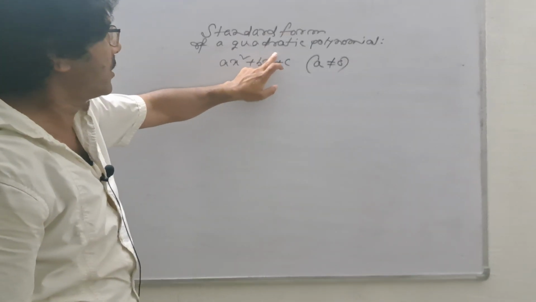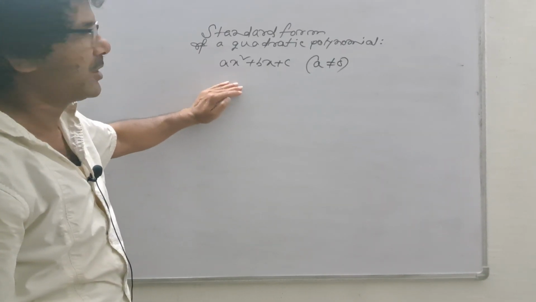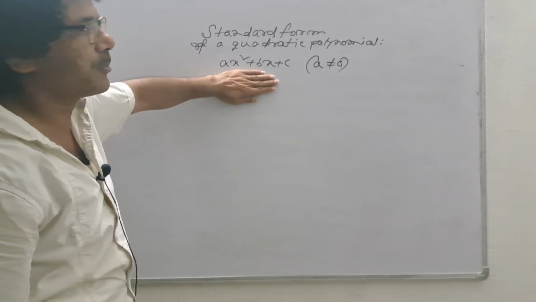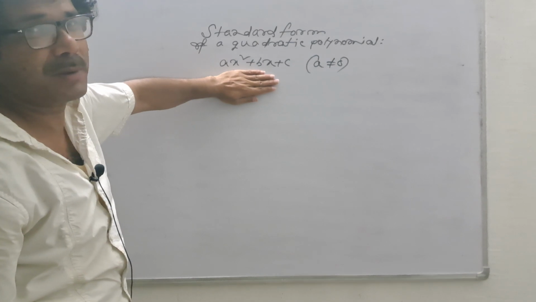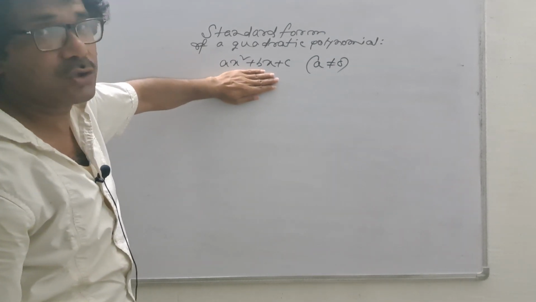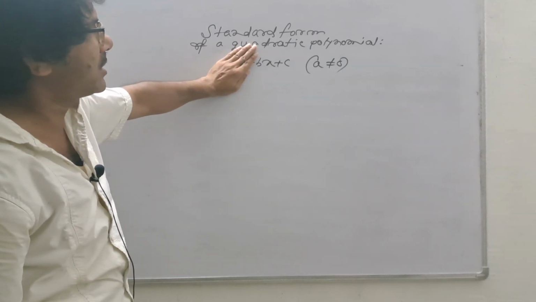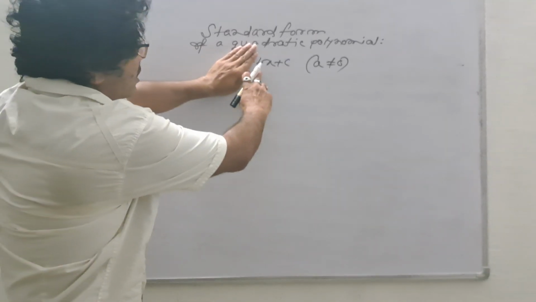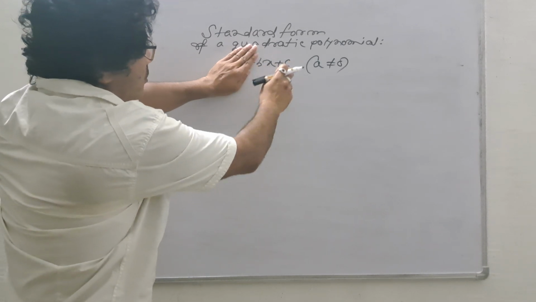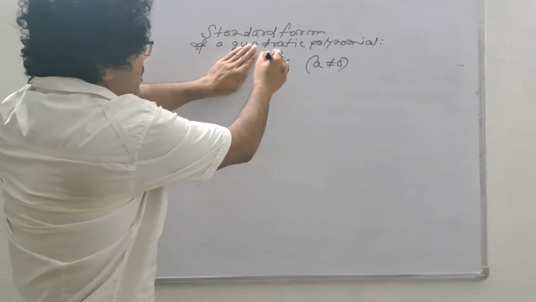Power is also called exponent. So we can say that the degree of the polynomial is 2. The maximum power of the variable is called the degree. So if the degree of a polynomial is 2, it is called a quadratic polynomial. If the degree of a polynomial is 1, then it is called a linear polynomial. This part, bx plus c, is a linear polynomial because the degree is 1.